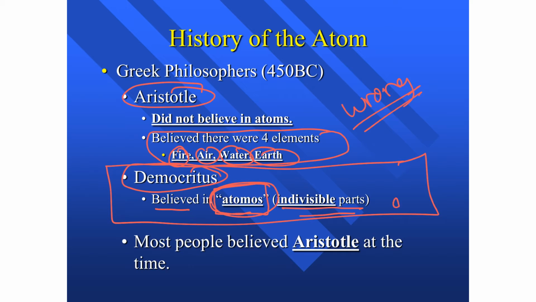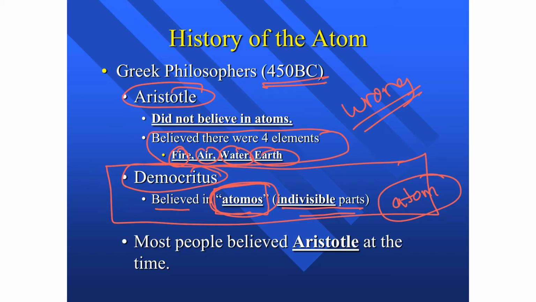And so that's where we get the name atom. We get it from this idea back in 450 BC that all things were made of little tiny indivisible parts. And that's why we give Democritus credit for that.